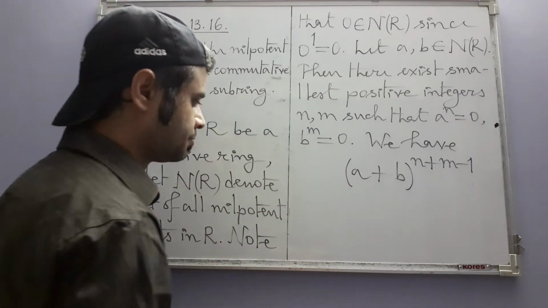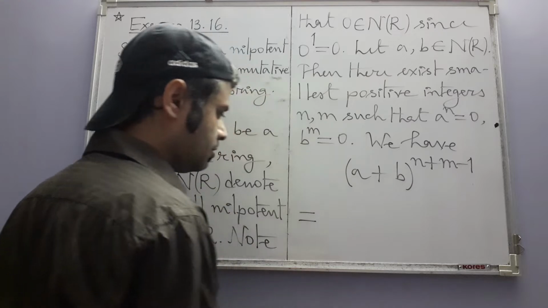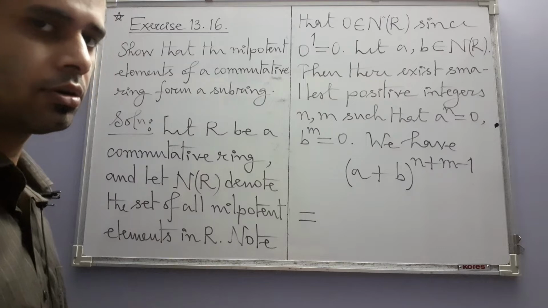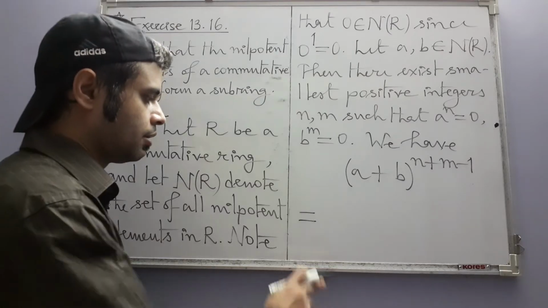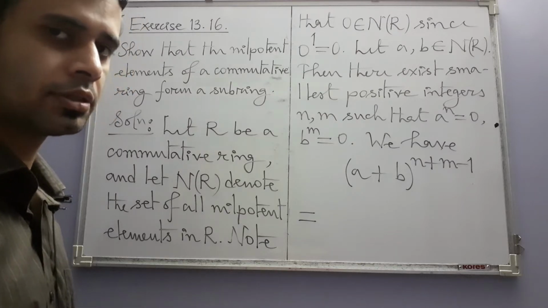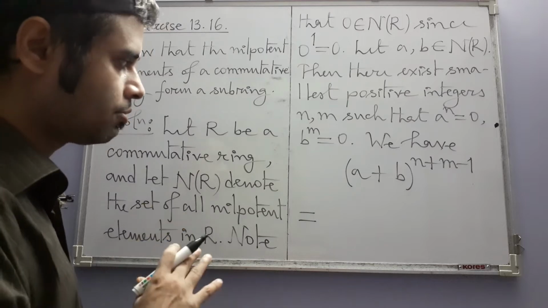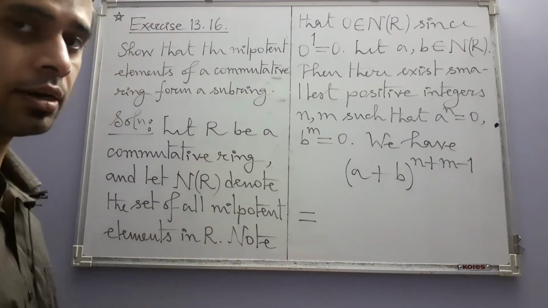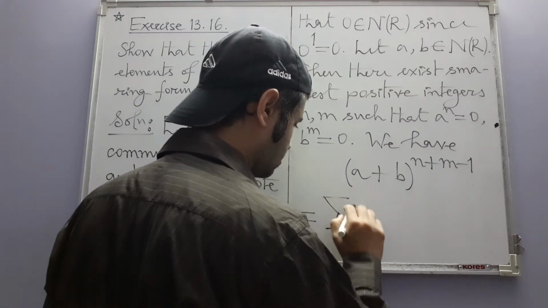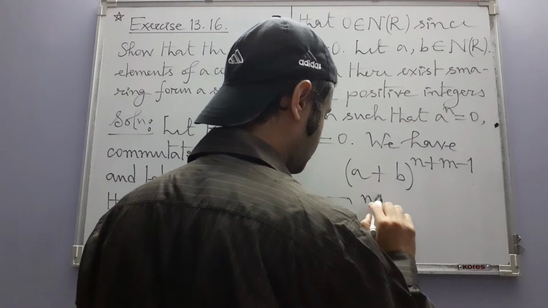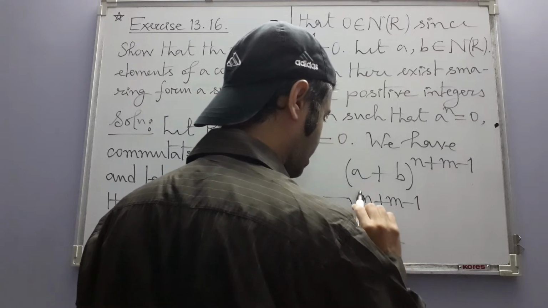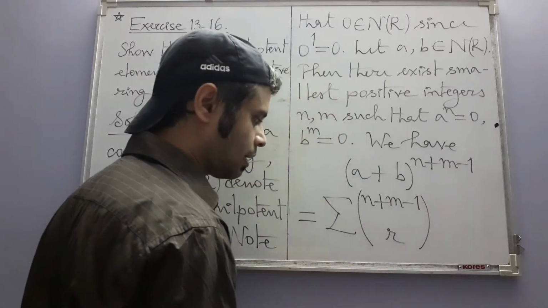Now, just like our usual binomial expansion that we already know very well, and which works in the system of say real numbers or in the system of complex numbers, also works in any general commutative ring, and the expansion actually is the same. Summation, first we write the binomial coefficient, say r, n plus m minus 1 choose r.